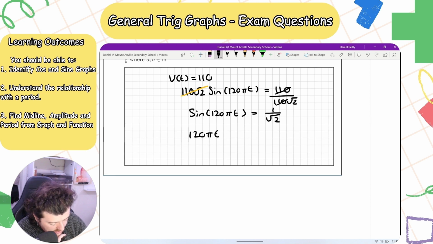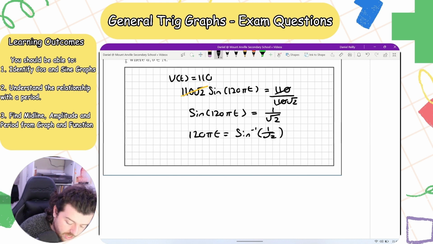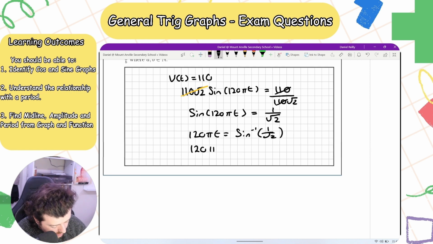So 120 pi t is equal to sine inverse of 1 over root 2. Remember to make sure your calculator is in radians. If your calculator is in radians, you should get the inverse sine of 1 over root 2 to be 1/4 pi. So 120 pi t is equal to 1/4 pi.